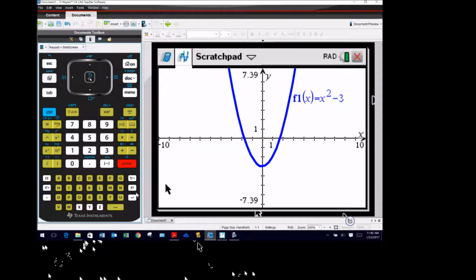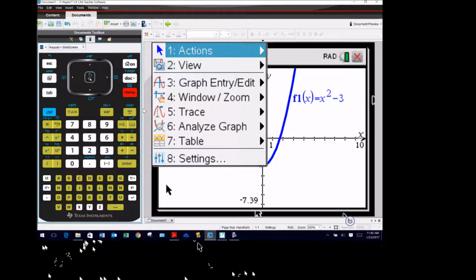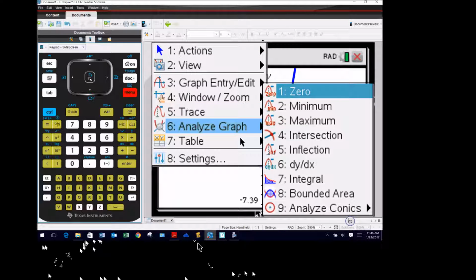So it's just a pretty standard parabola, right? And then I'm going to use a menu option that I don't think we've ever done before here in class. We're going to analyze this graph, but we're going to choose finally option 7, integral.